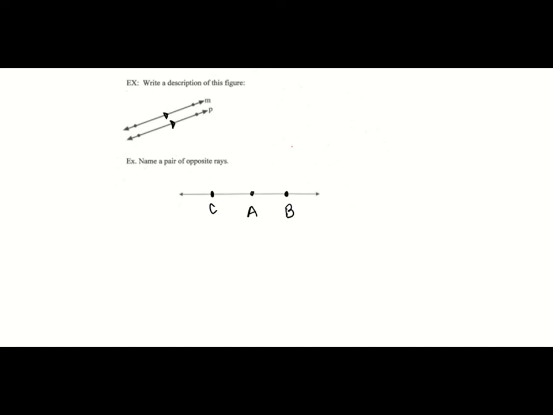They are right next to each other and never going to touch. So I could write that line M is parallel, using my parallel symbol, to line P. That is my description of my figure. Those 2 lines are parallel.